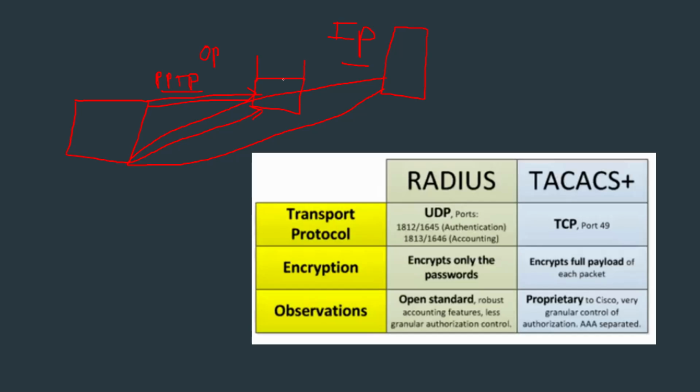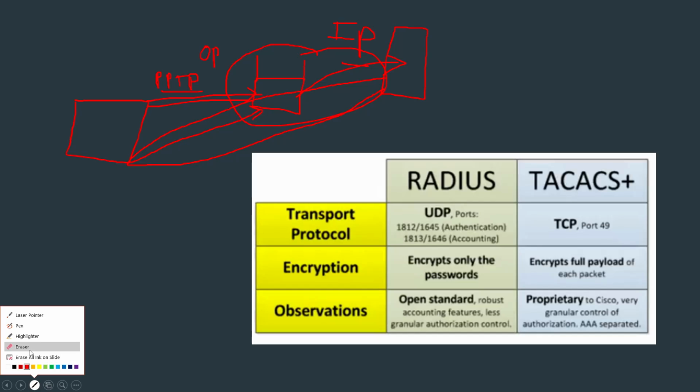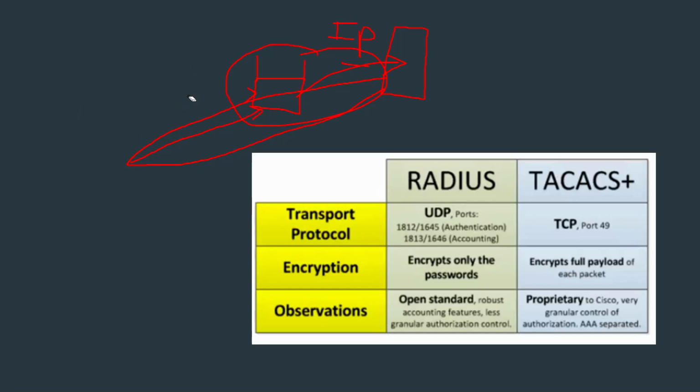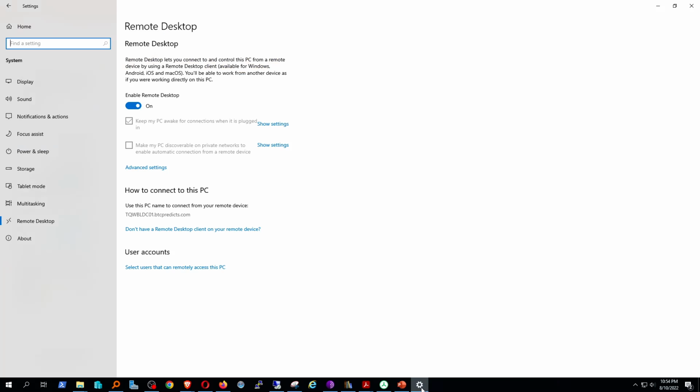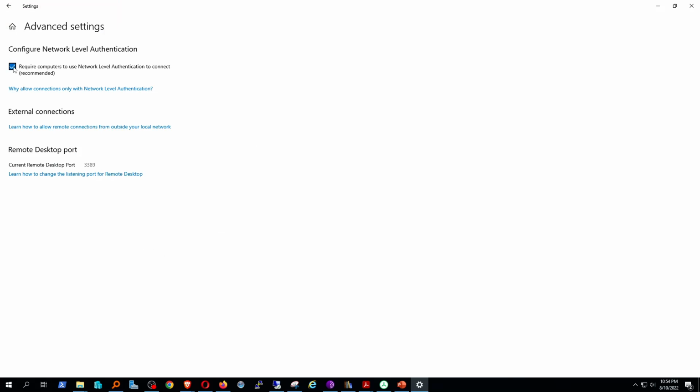Once you are into my network, then I will allow you inside. That is what that checkbox is. You are just seeing the checkbox, but the checkbox will act like that. If I remove that checkbox here, advanced setting, if I remove this, see, this is grayed out.